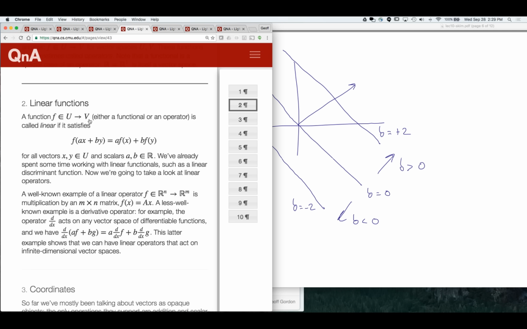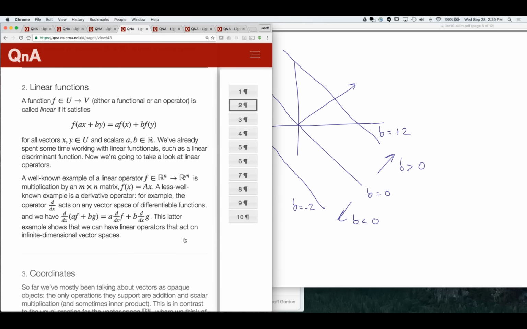And for these, again, if your vector spaces are Rn or Rm, you should think of a matrix, so that f of x is just multiplying by a matrix A. But there are a lot of other examples, such as the differential polynomials that we looked at before.